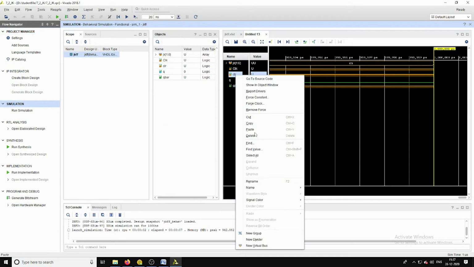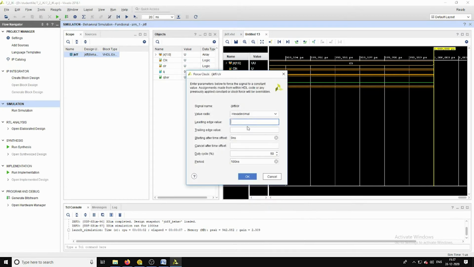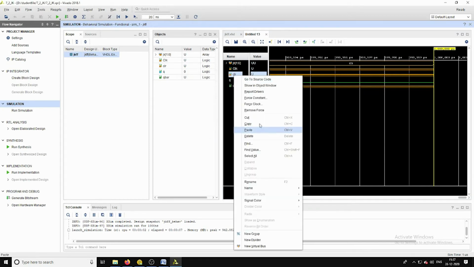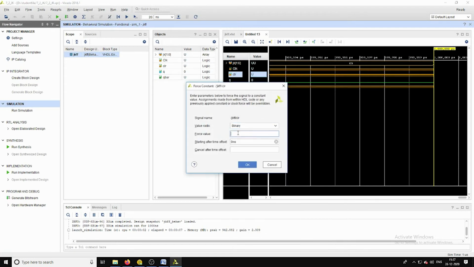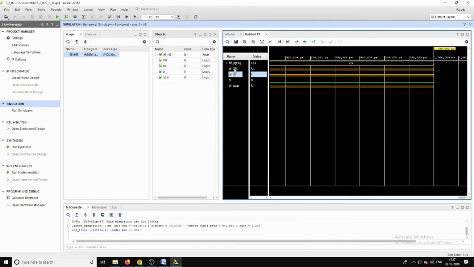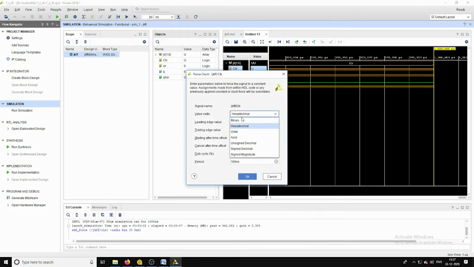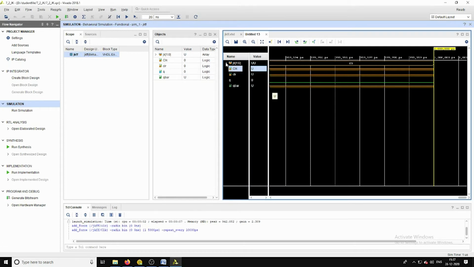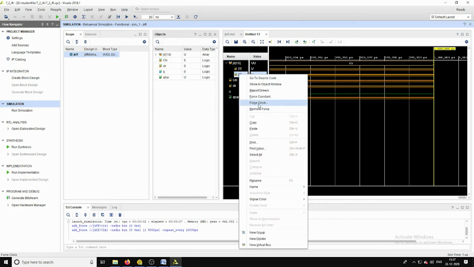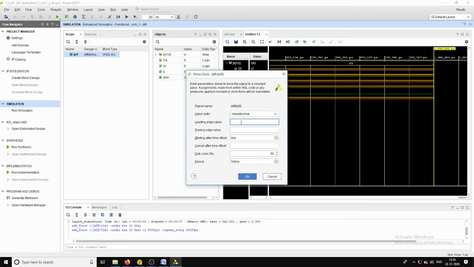There I have considered the clear as 0 always, and I am assigning clock with these values, and for this J and K, here I am assigning the values like this, similar to the clock signal.